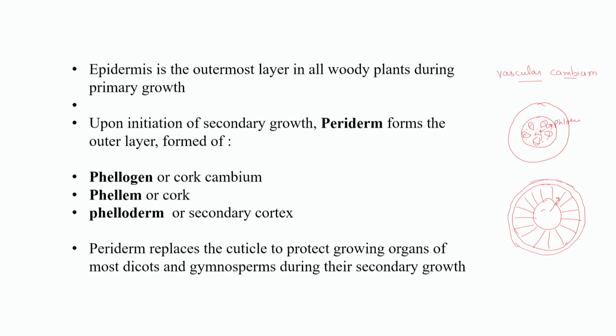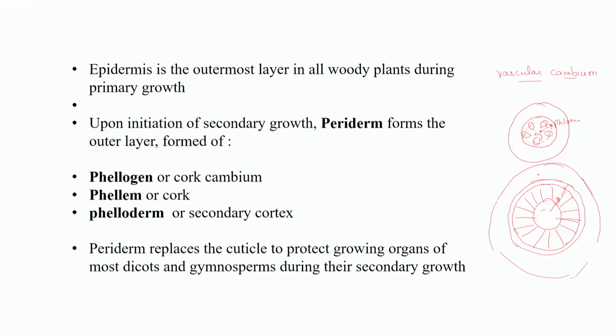Now I have also told you before that when the tissue is increasing in diameter from inside, the outer region should also expand to accommodate these expanding tissues. So definitely there will be an expansion of the outer layers like the cortex and everything after the vascular cambium.